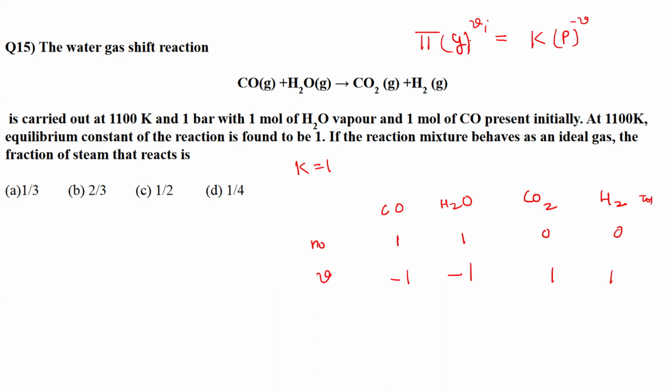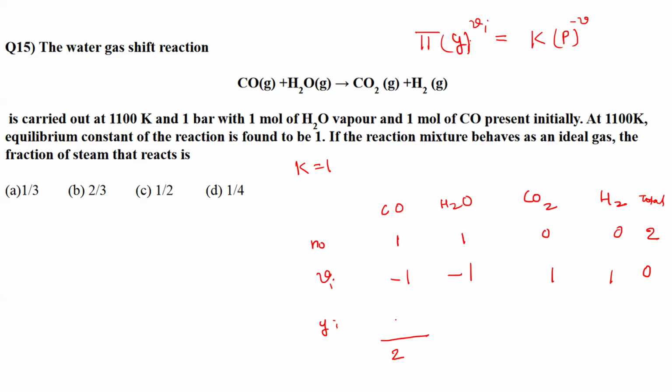So, if I see the total, this is 2, this is 0. Then my total moles is 2. And overall, the change in number of moles is 0, whatever reaction happens, right?